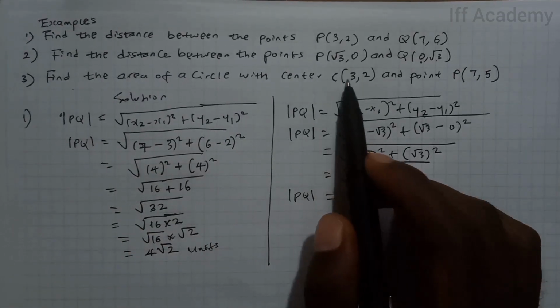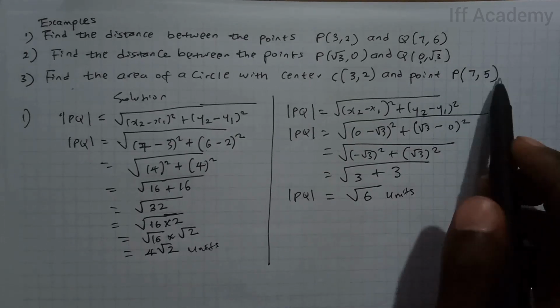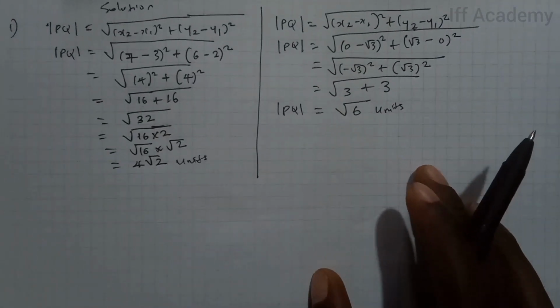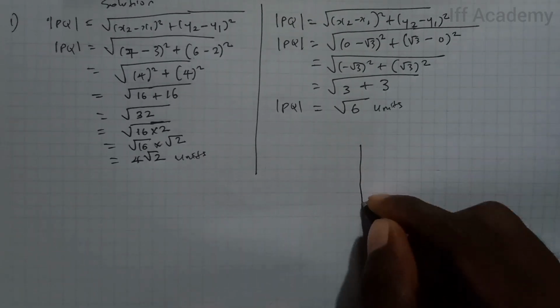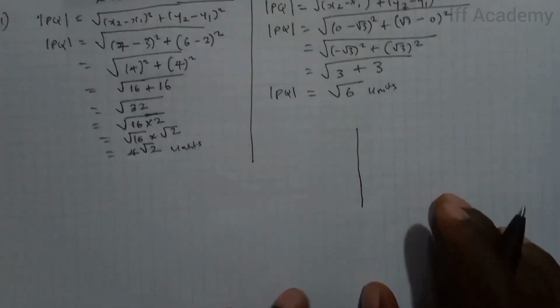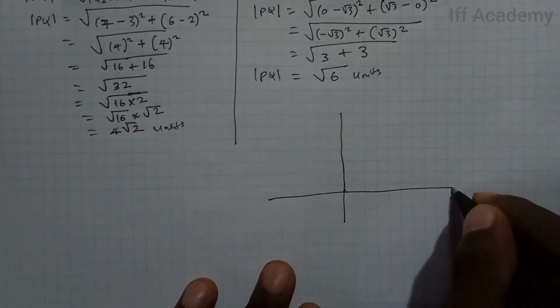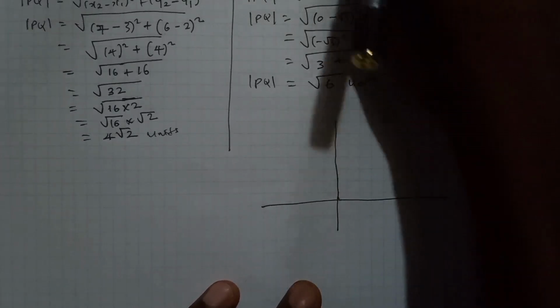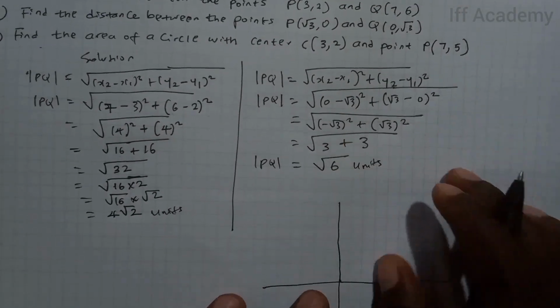with center C (3, 2) and point P (7, 5). Now, if I were to draw this, let's mark this out on a Cartesian plane. The center of the circle is (3, 2).